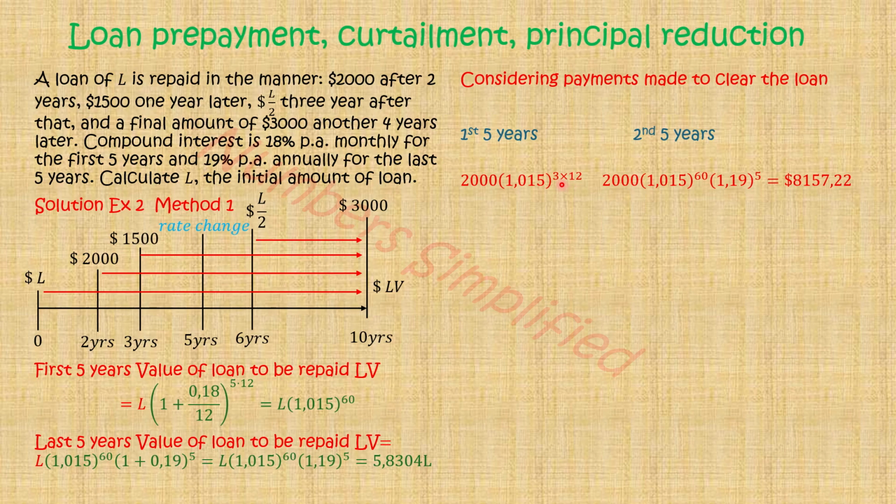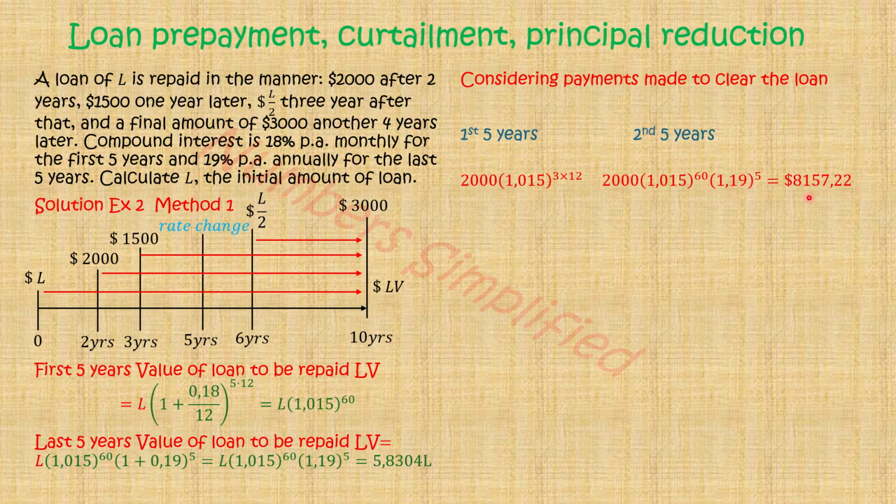So we get the value in the first 5 years of the first payment. Then we take that value over to the second 5 years, or the last 5 years. We know that in the second 5 years, the rate changes to 0.19 compounded annually. Therefore, that which we obtained in the first 5 years is going to have some interest for 5 years, and that is being multiplied by 1.19 raised to the power 5.